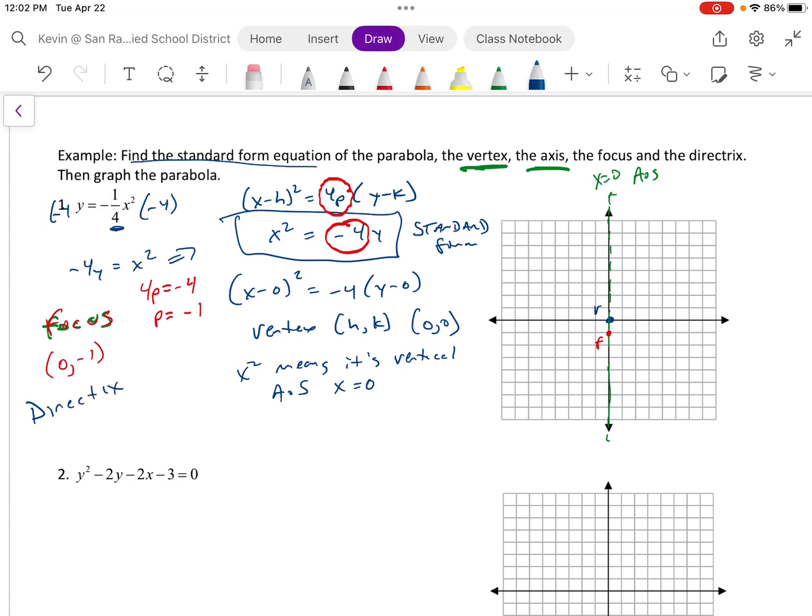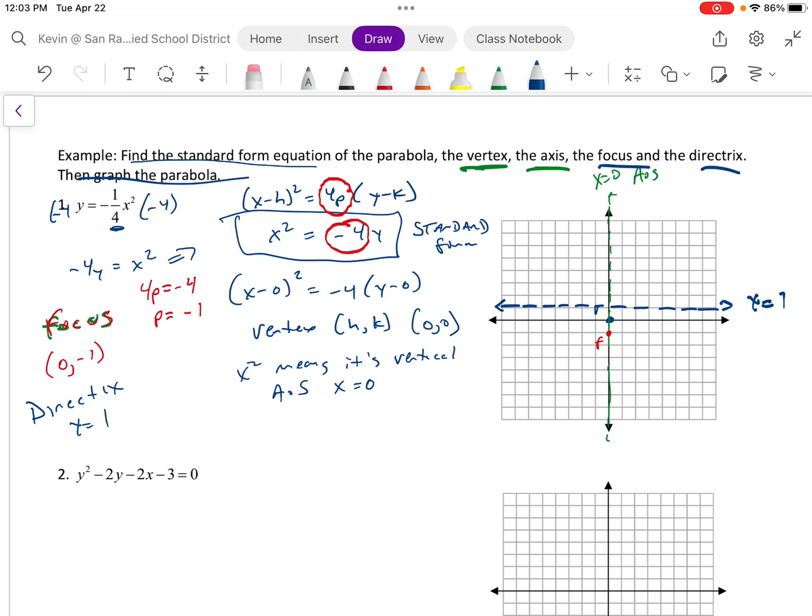Focus. Now my directrix is on the opposite side of the vertex. The directrix is going to be y equals 1, because it's this value right here. Y equals 1. That's my directrix.